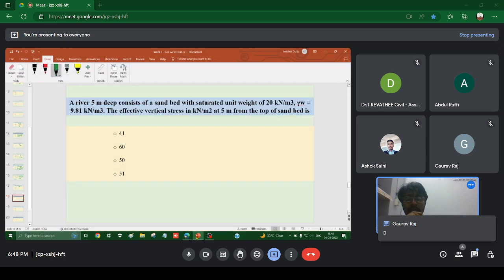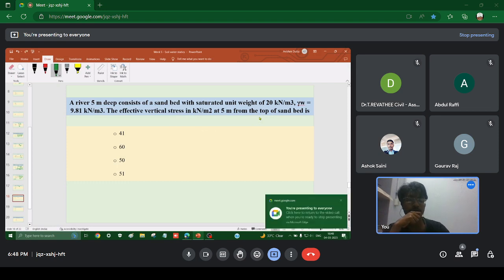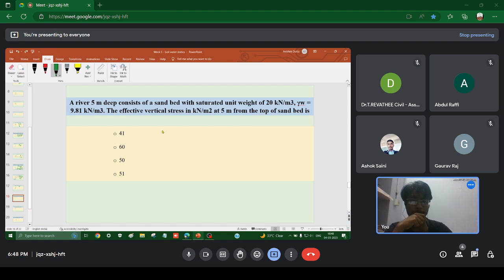Answer is D. Just check. This is the river, so this is the water table. This is 5 meter, and we are told to find the vertical stress 5 meters from the top of the sand bed.